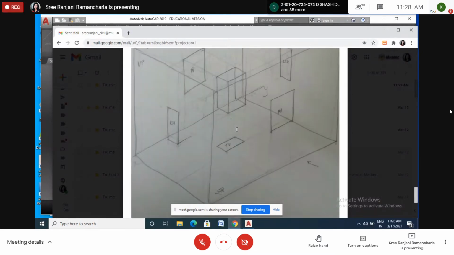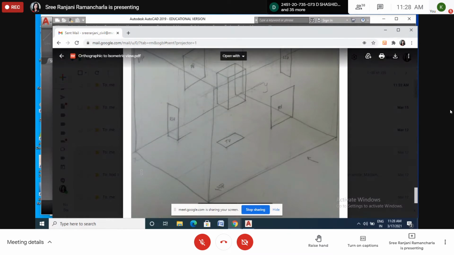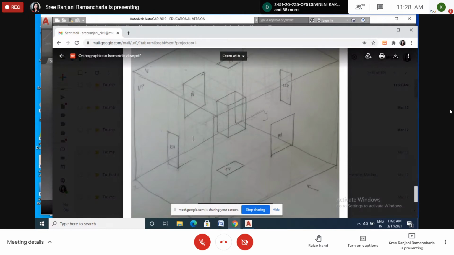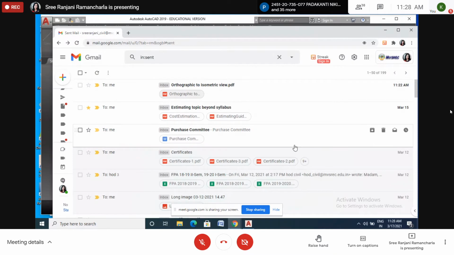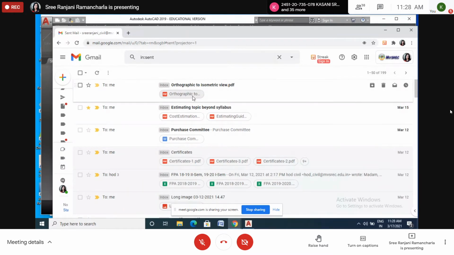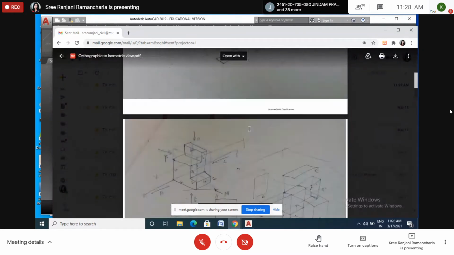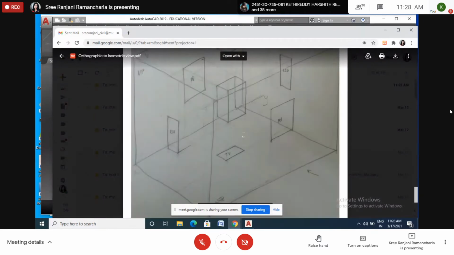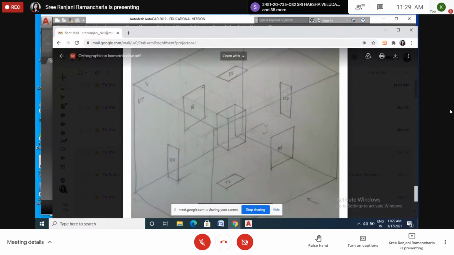Now this is the vertical plane and this is the horizontal plane.